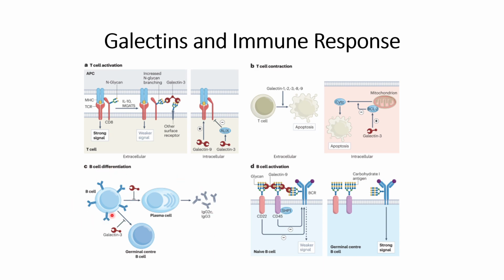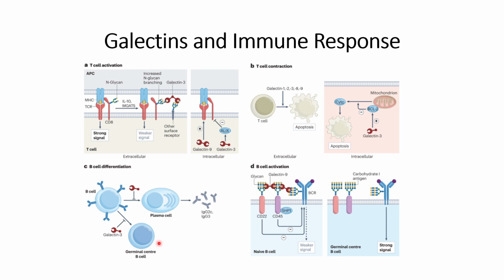The next one is about B cell differentiation. In the absence of galectin 3, B cells will be able to differentiate into germinal center B cells, and these can produce antibodies such as IgG2 and IgG3.